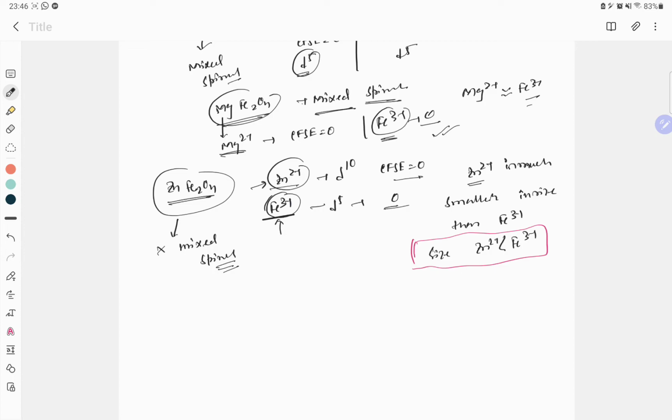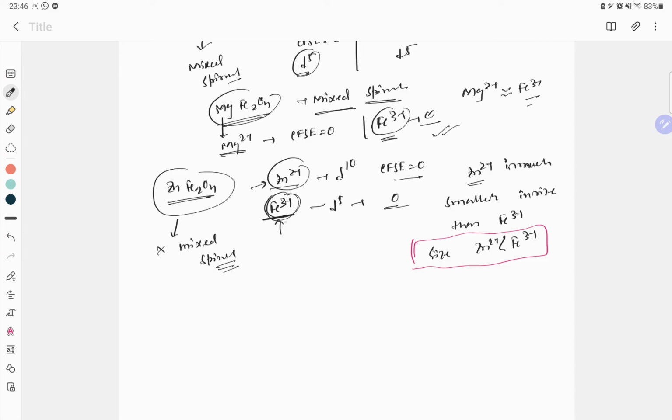So Fe3+ has higher positive charge density, so it will try to stabilize with a larger number of surrounding atoms. So it will occupy an octahedral void where the coordination number is 6, but in a tetrahedral void the coordination number is 4, so the number of surrounding atoms is less than in octahedral voids.